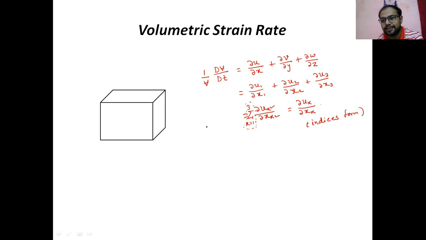Why do we choose Cartesian, cylindrical, or spherical? Because of the convenience of our problem. If the problem is given on a cylinder basis, it is better to use cylindrical polar coordinates, so it is easier to solve.